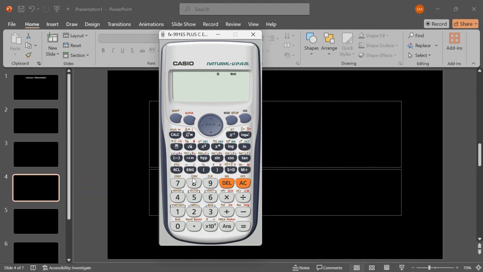So x actually is approaching negative 1. So we are going to pick a value that is close to negative 1, either from the left hand side or the right hand side. In this case, I want to pick from the left hand side.